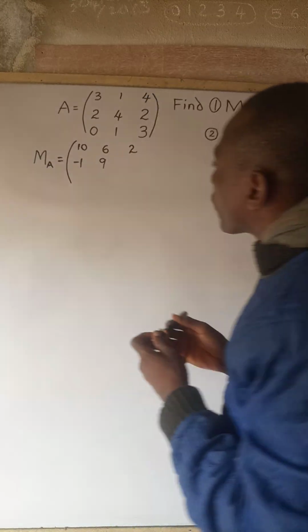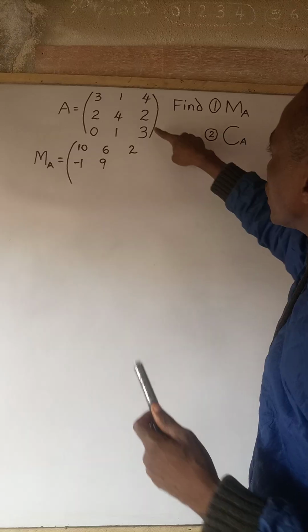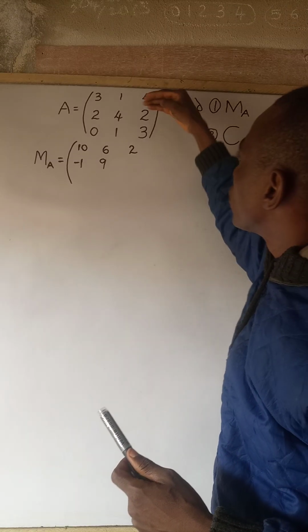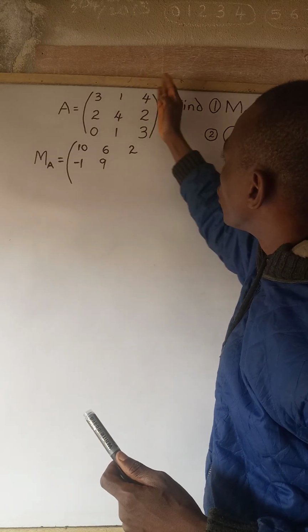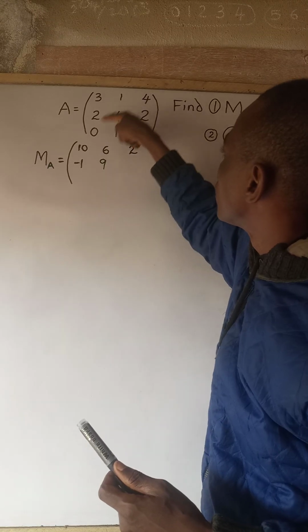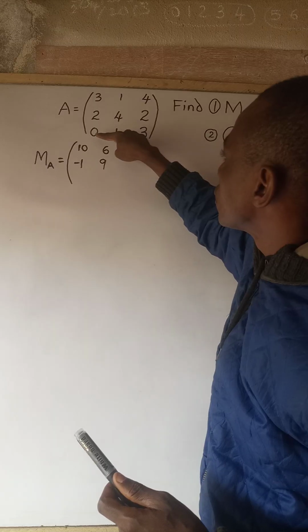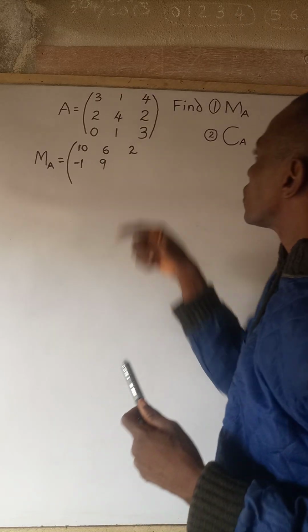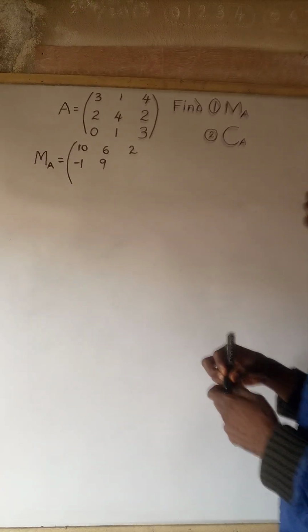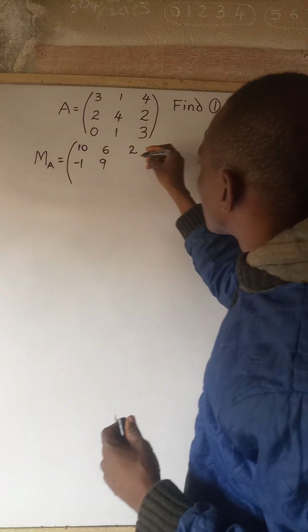I think we are making progress now. We move to the sixth element. I will delete the row and the column. We will have this left. 3 times 1 is 3. 0 times 1 is 0. 3 minus 0 will give us 3.